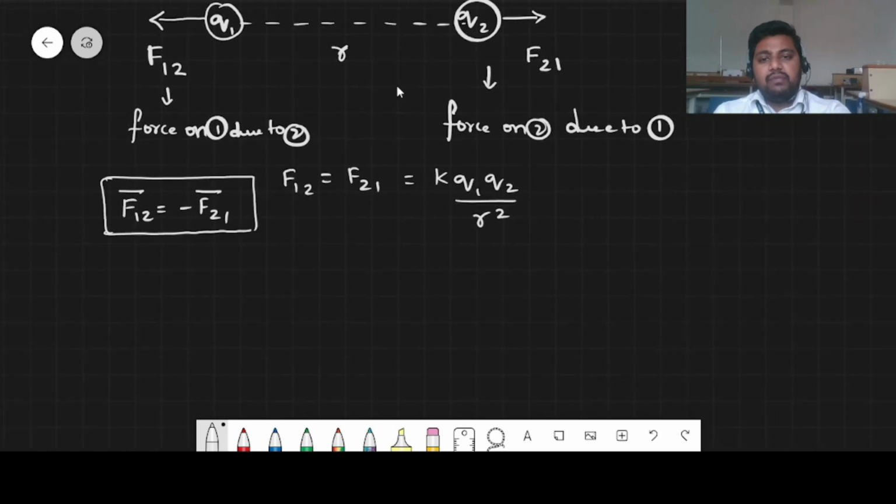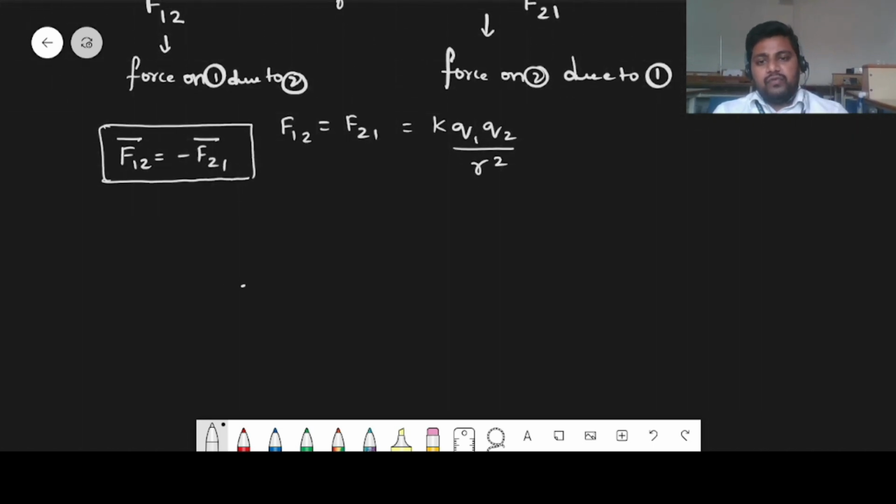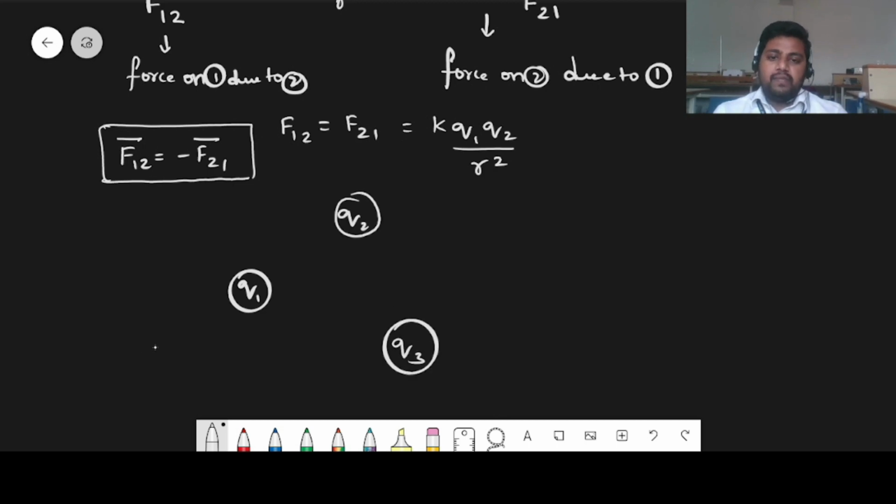Let's say you have multiple charges, q1, q2 and q3. Each individual charge exerts a force on the other two charges. If I ask you to find F net on charge 3, then electrostatic force always acts along the line joining the centers.